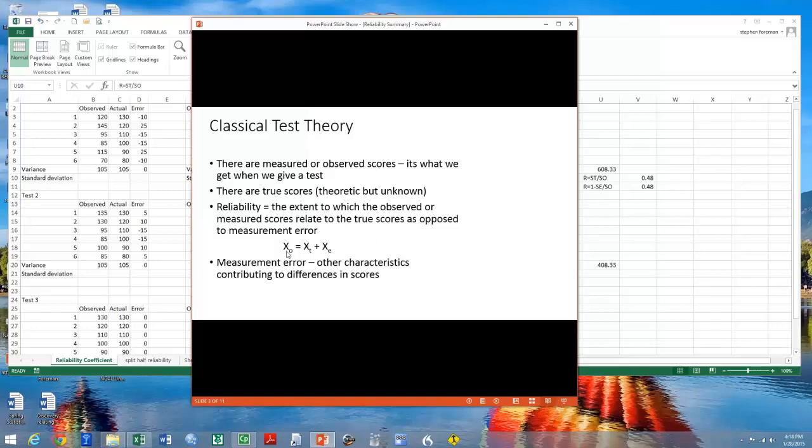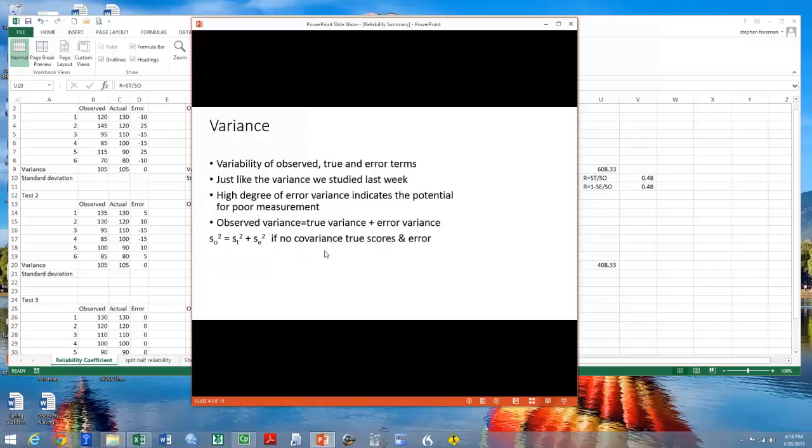So mathematically, our observed score equals the true score plus the error. And conceptually, we put this in mathematical terms by doing variance. Remember how we did variance last week? It contributes right into this.